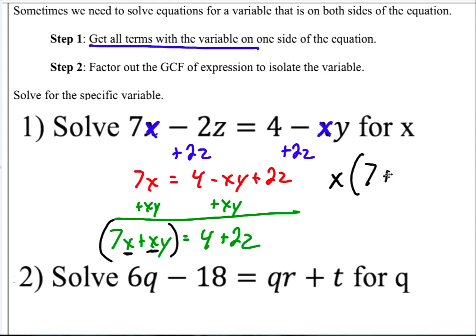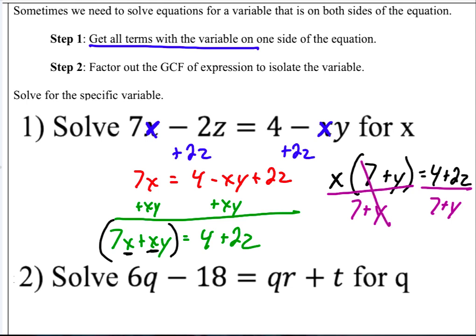The 7 and the y are going to stay inside. I divided that out of both of those pieces, and I can pull that out front, and I get 4 plus 2z. Then I want to get x by itself. So right now I'm multiplying by 7 plus y. So I'm going to divide by 7 plus y. And I get x is equal to 4 plus 2z over 7 plus y.